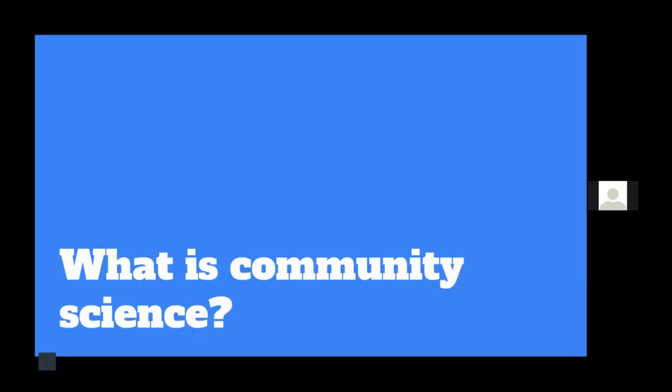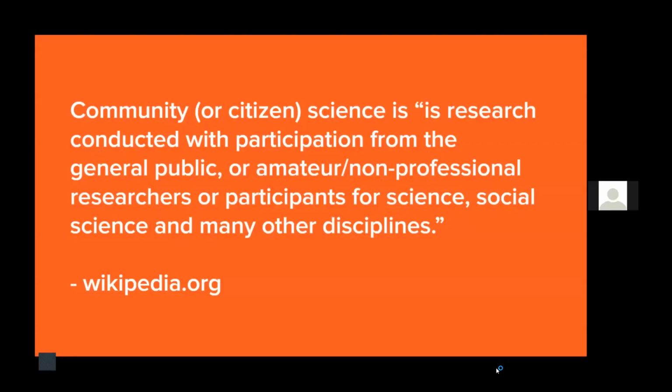If you attended a presentation last month by one of the Xerces folks, they talked about the Bumblebee Atlas, the Bumblebee Watch. So anything where people who are not paid entomologists or paid botanists are contributing data is roughly what we're looking at here.